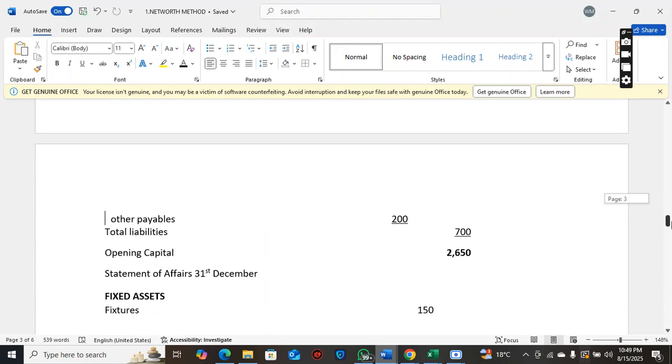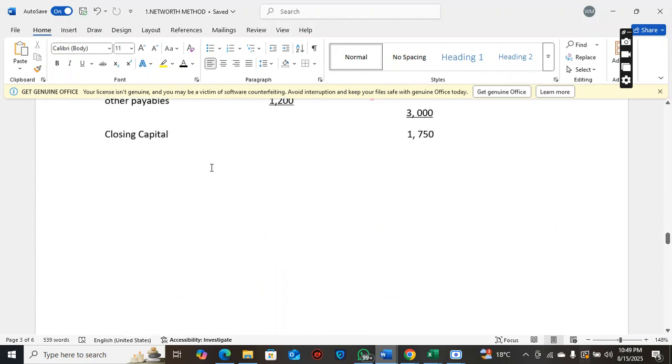So 500 times 12, 6,000. So we've got our opening capital, our closing capital, and the drawings.